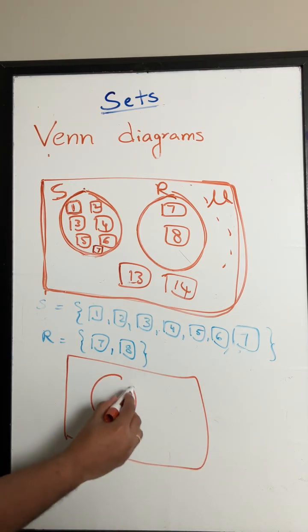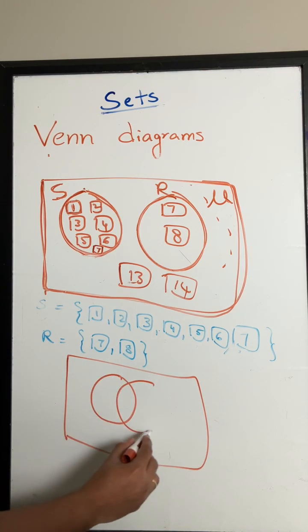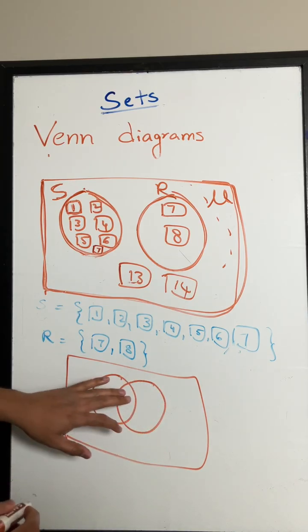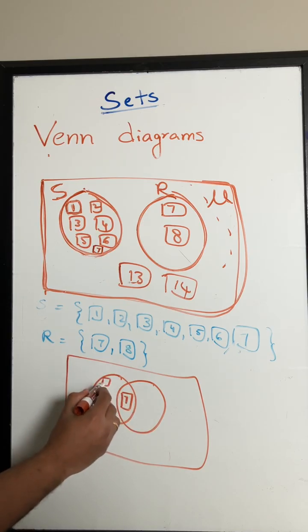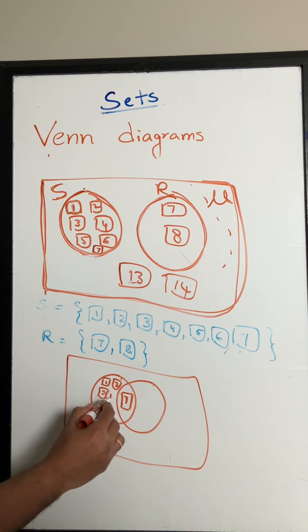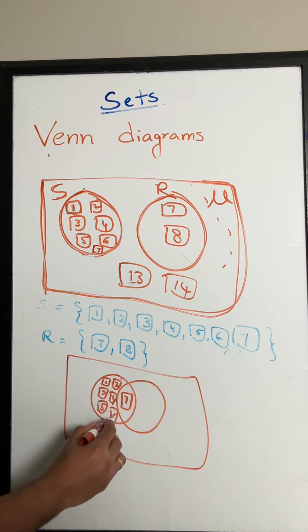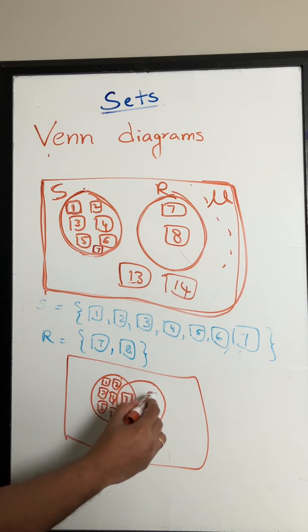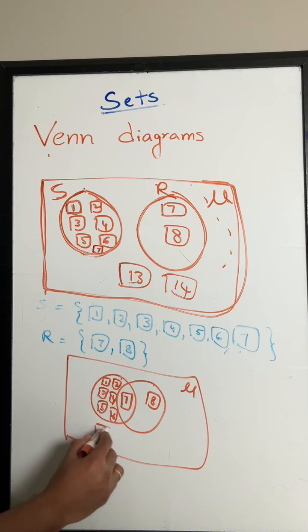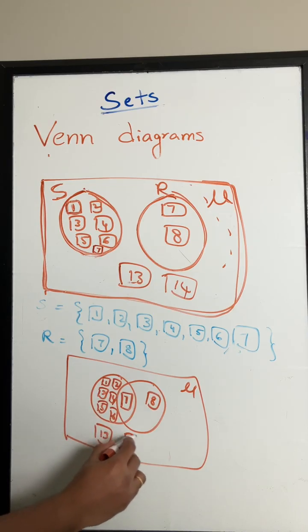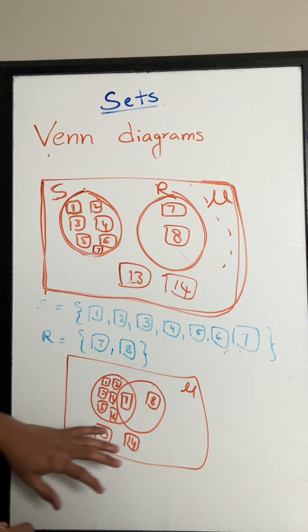We can get these circles close to each other, and we will write the common element here, 7. So let's write 1, 2, 3, 4, 5 and 6. Here we will have only 8. And 13, 14, nobody holds them, so we write them outside freely.